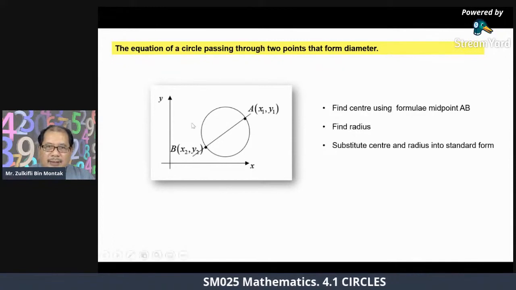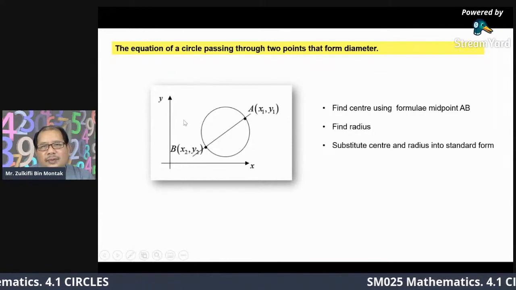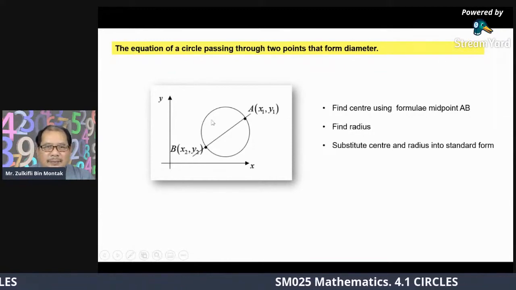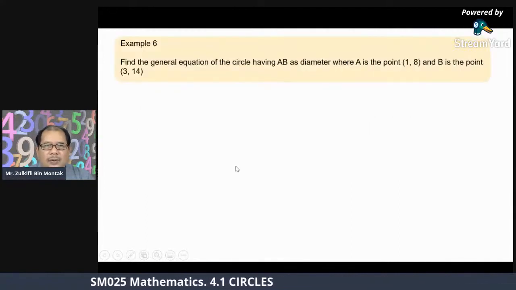Okay, look at this example of how to find the equation of a circle passing through 2 points that form a diameter.